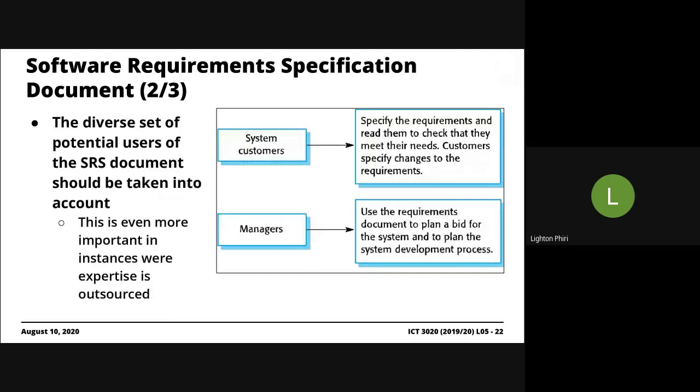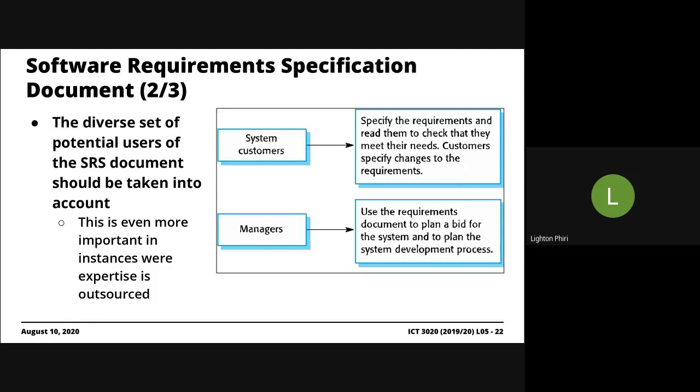And because it incorporates both user requirements and system requirements, there's a broad spectrum of users that benefit from this document, from the different users associated with the clients to the users associated with the project team developing this piece of software.